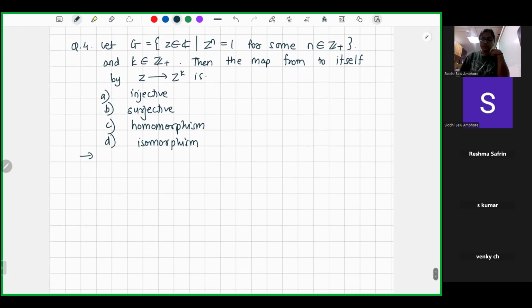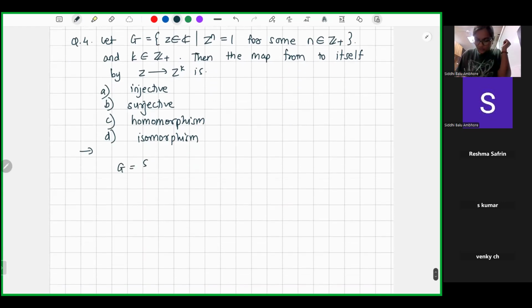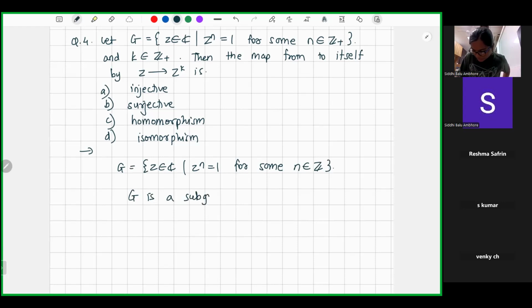First of all, see that G is the set of z belonging to C such that z power n is 1 for some n in Z. They have just said that this is C, but G is a subgroup of C star under multiplication.